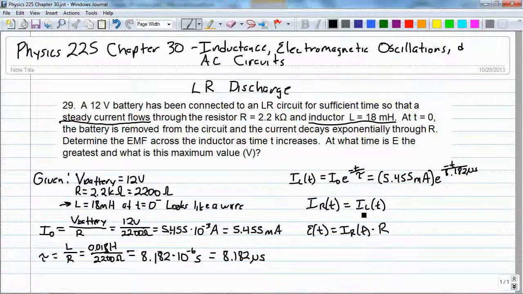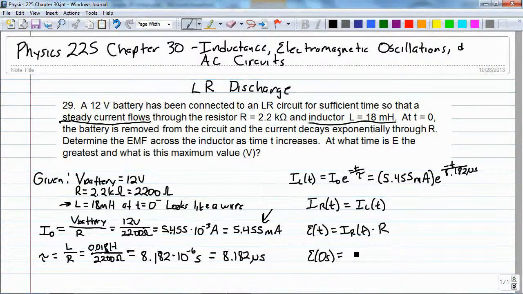And that's because the inductor only is going to provide enough current to maintain what it initially started out with, which was the current that we calculated with the steady state. And the maximum is going to occur at the beginning when this exponential is 1, and that happens at 0 seconds.